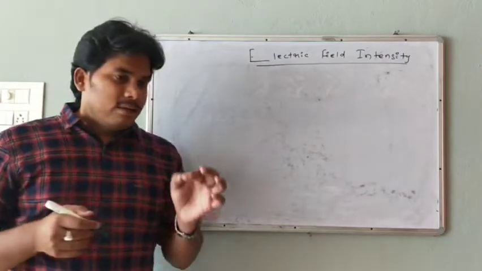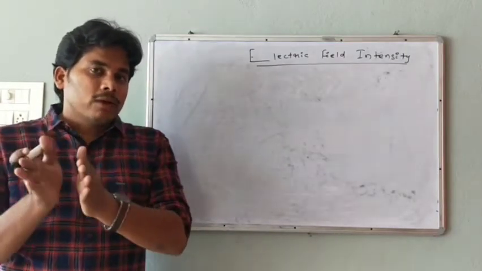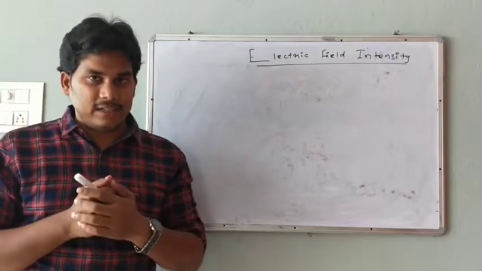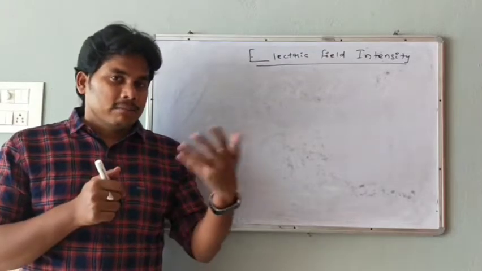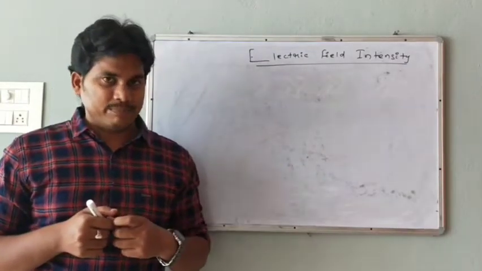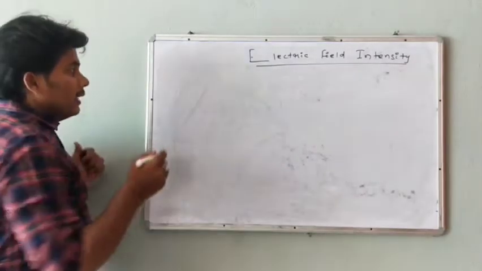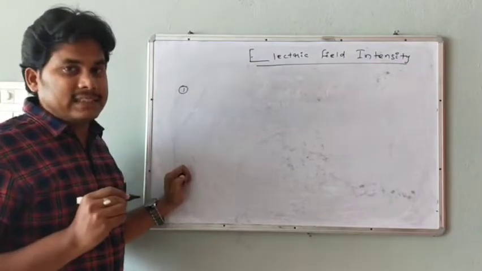First, we know the word electric field intensity can be replaced by the electric field, or the word electric field can be used for the electric field intensity. Anyhow, what is electric field intensity? The first characteristic is the definition.